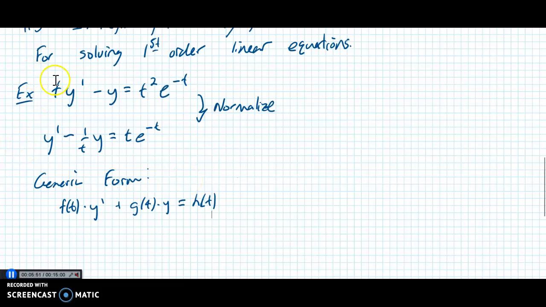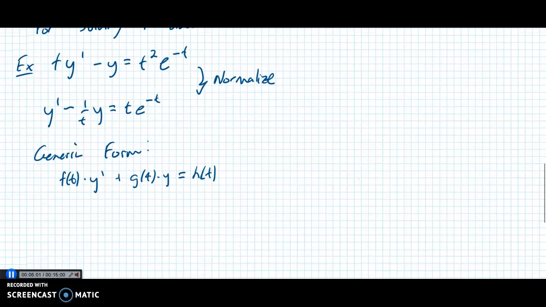Now notice that this form is this guy. So in this case, f would be t, g would just be a negative 1, and then h would be t squared e to the negative t. So just like I did up here, I want to normalize it. So I'm going to divide by f of t.